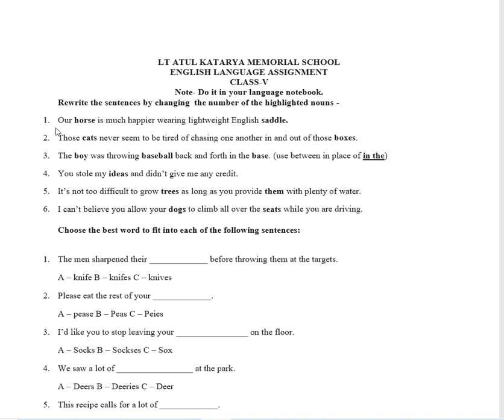So we already have to change the number of these highlighted nouns. But along with that, we will also have to change the other necessary things. Okay, our will remain our, but is will change into are when I change horse into horses.